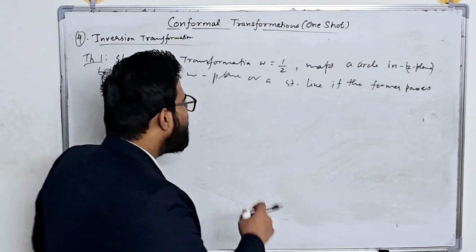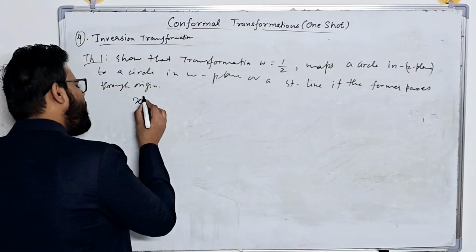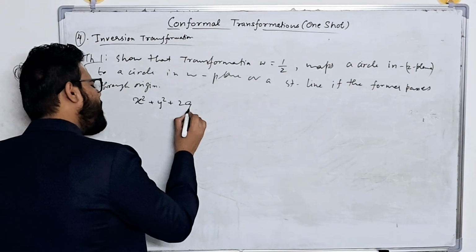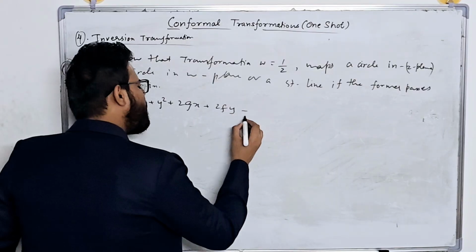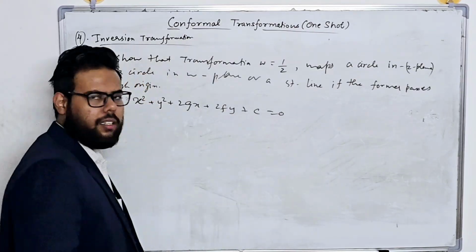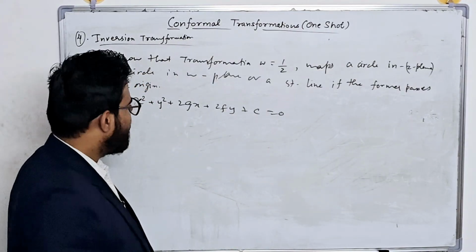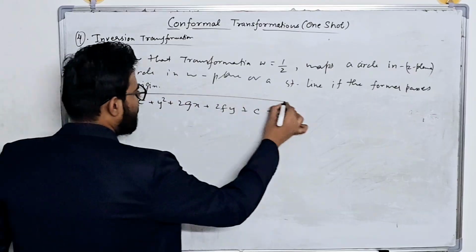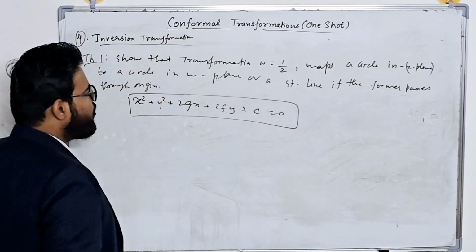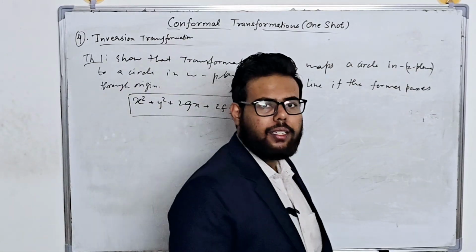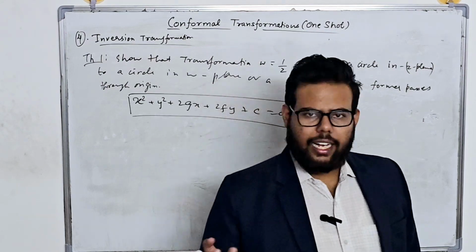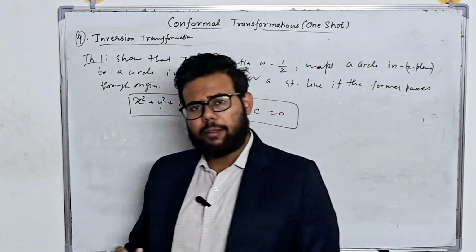Let's prove this. Well, what's the general equation of a circle? It is x square plus y square plus 2gx plus 2fy plus c is equal to 0, right? Now we all know that x square plus y square is equal to 1 upon u square plus v square.